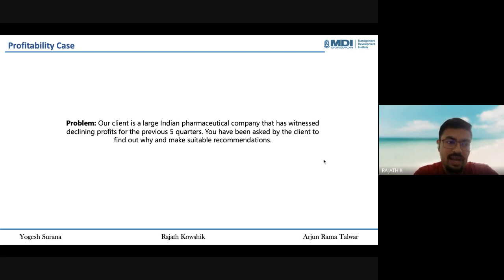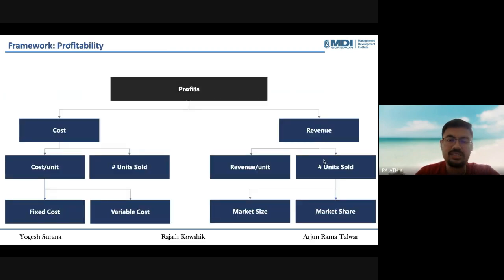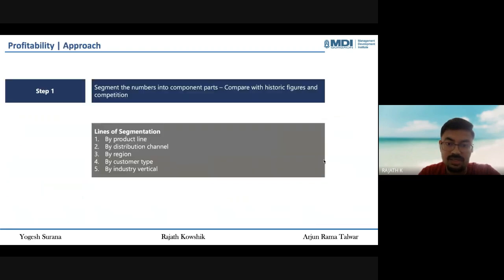Why I really highlighted this problem here is that you have to know there's a flaw in the profitability framework: it does not consider exchange rates. That is one aspect usually overlooked by most people, and critical for us to take into consideration.